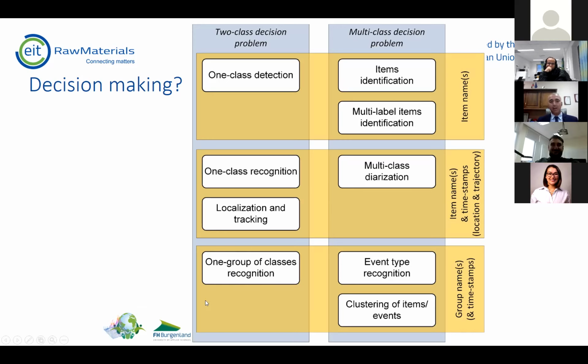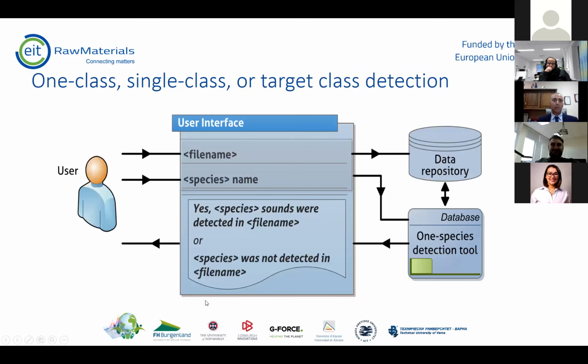In my slides, I usually give examples of one-class or target-class detection from the perspective of the user. Imagine a system that can recognize birds. I keep one recording of a bird and provide it as a file name to the system.